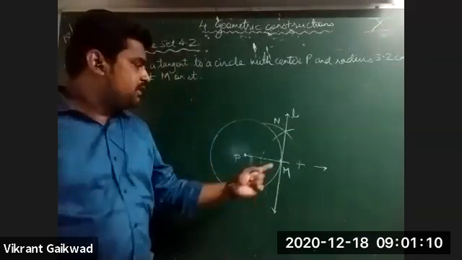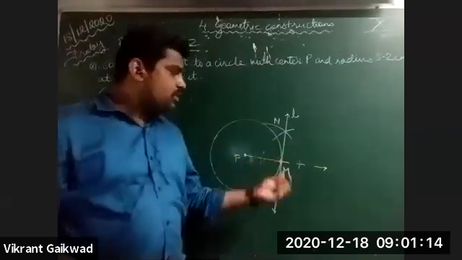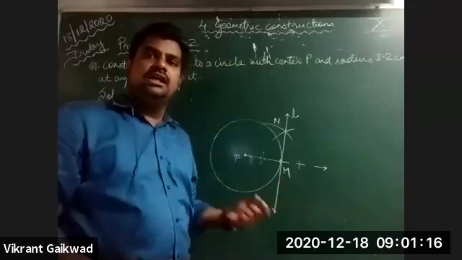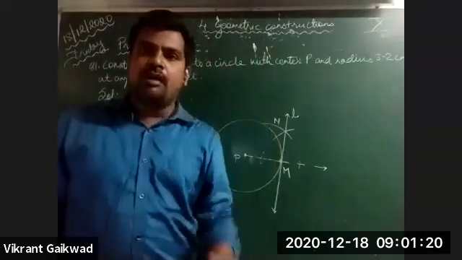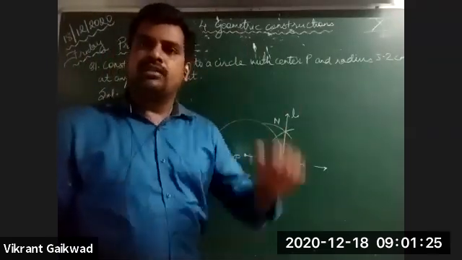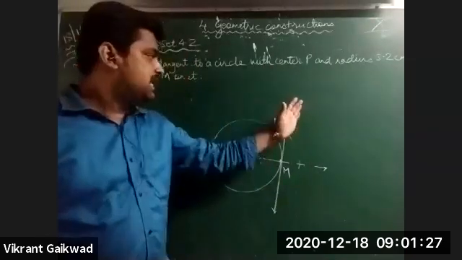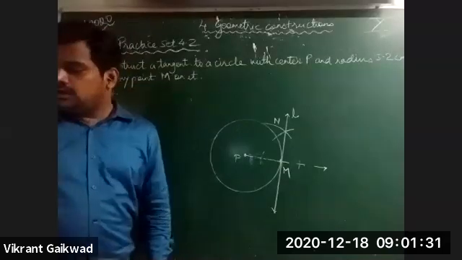After that, I've taken point M on the circle. So mark any point M on the circle. From point M, draw the perpendicular. The perpendicular drawn is the tangent to the circle. That's it. Is this clear to all?